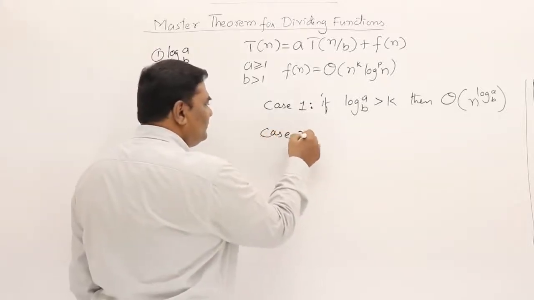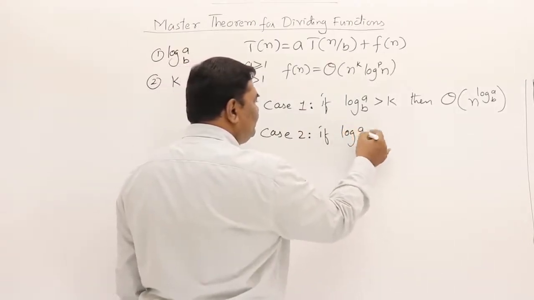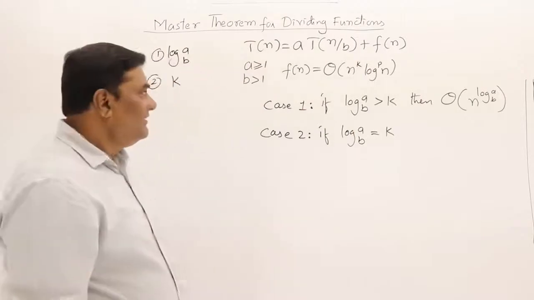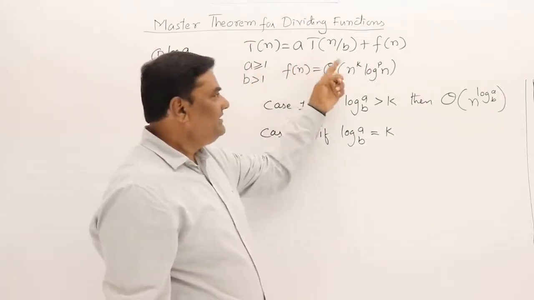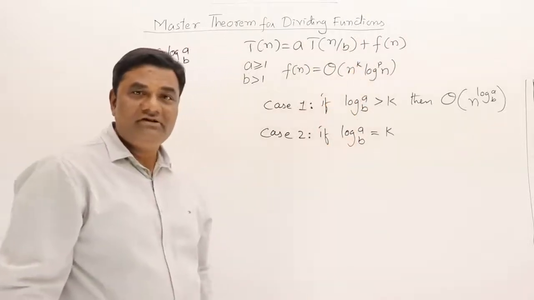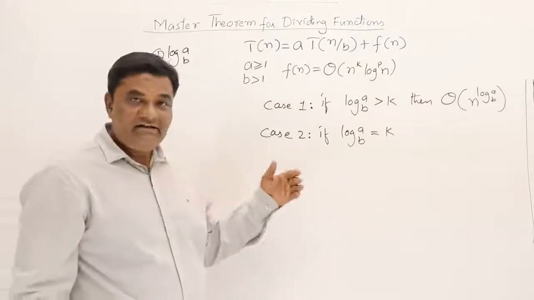Case 2. If log a base b is equal to k, these two are the same, that is, log a base b and the power of n in function f(n) are both equal. Then again it has three cases.